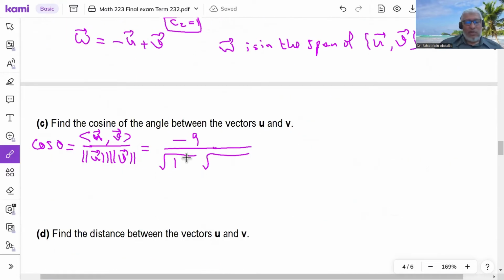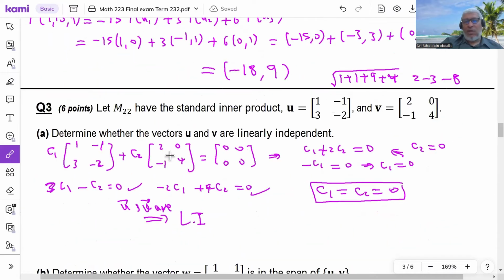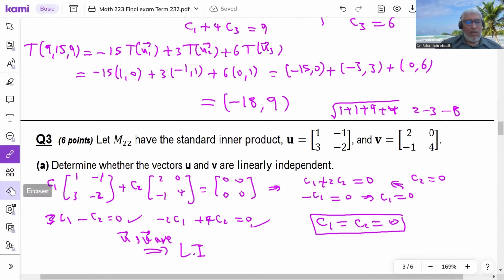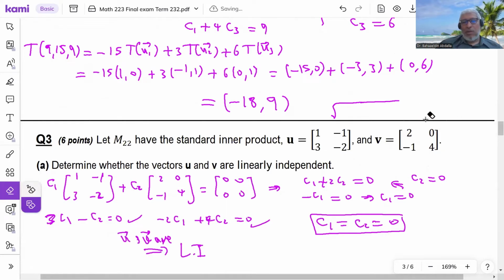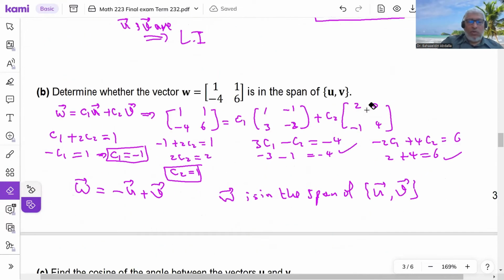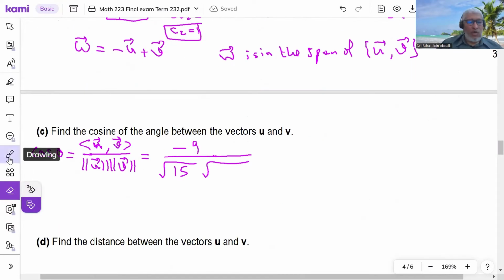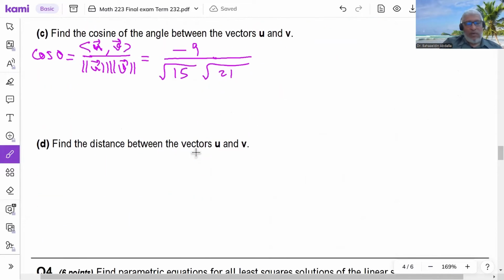So it is the square root of 15. And finally, the norm of v would be 2 squared, negative 1 squared, 4 squared, 17, and 4, 21. So it is the square root of 21. So this is the cosine of the angle between u and v.